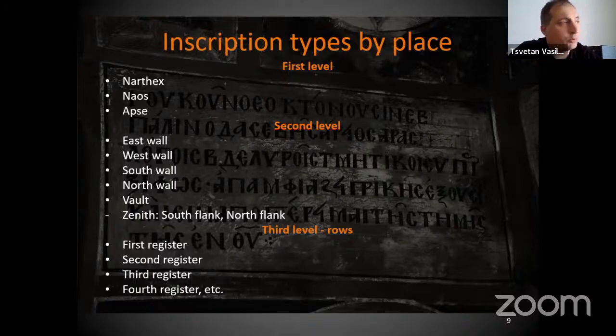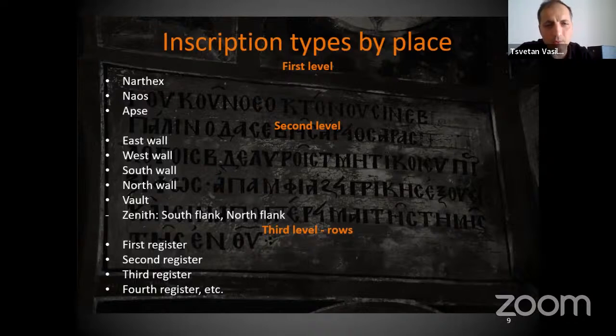So when we have a digital edition of a corpus of inscriptions, we have to be able to find out where this inscription is exactly. And there is only one way to do it, by such elaborate classifications like this one.